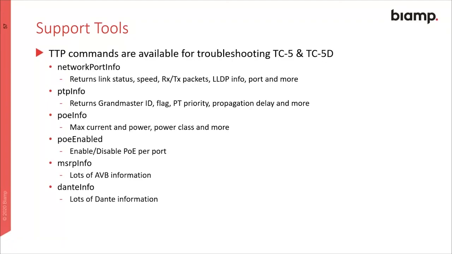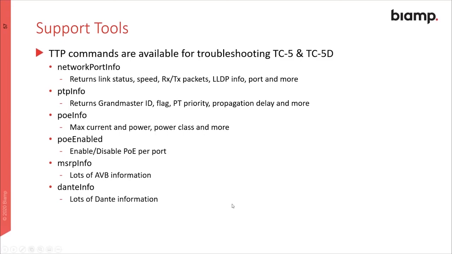Some of these commands can also be used on the Tesira Forte DSP as well, but particularly more in the case of the TC5 and TC5D. You can get information on the network, you can get information on the timing protocol, the PTP info, but more importantly, you can power cycle remote devices that may be installed in the ceiling by using the PoE enable disable command.